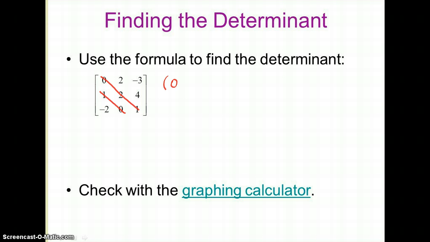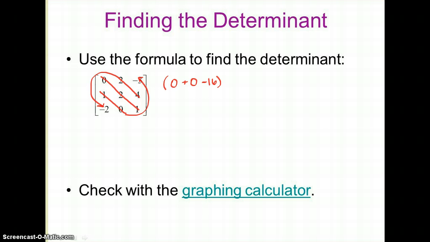So I have 0, 1, and I'm going to come over here and pick up -3. So 1 times 0 and -3 also make 0. And then the last diagonal, 2 and 4, and a -2. So 2 times 4 is 8. 8 times -2 is actually going to make this a -16. Okay, so there is my values from my first direction of my diagonals.